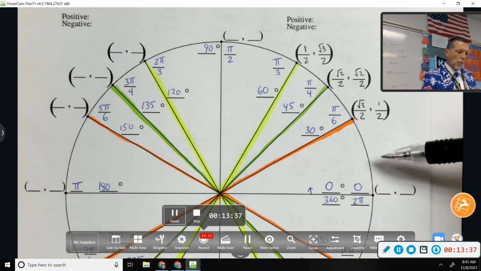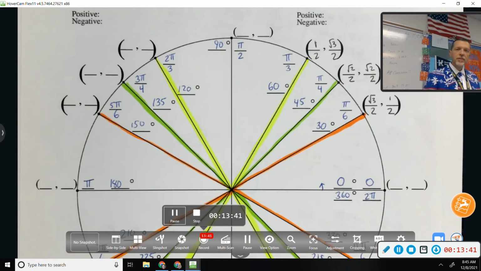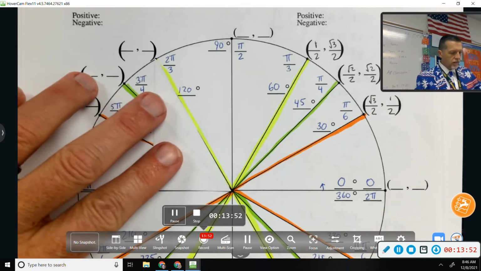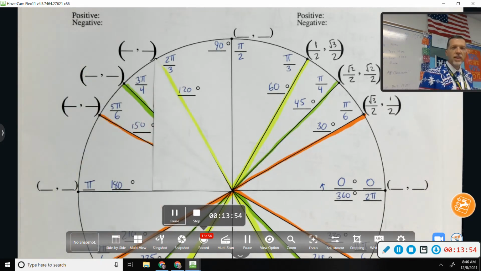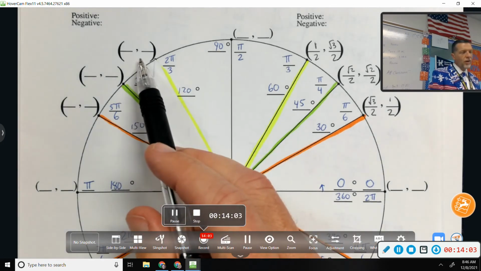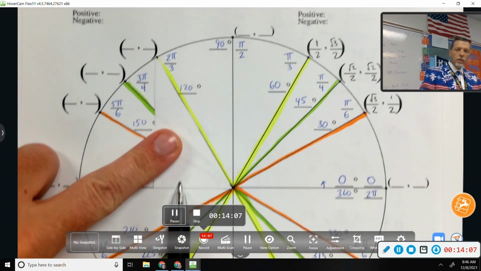Let's see, which one do we want to do next? Let's do the second quadrant. So you can still use the triangles if you want. You kind of have to flip them over, sort of upside down. There's my 60-degree triangle turned upside down. X is negative, y is positive, because you're in the second quadrant. We're going backwards. How far backwards would we go? What would this length be?